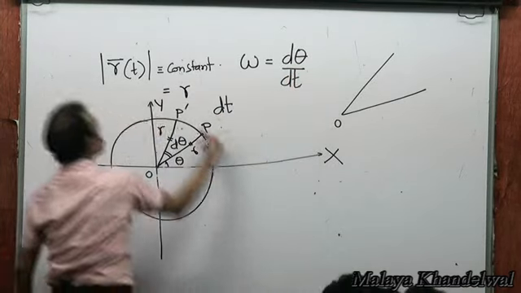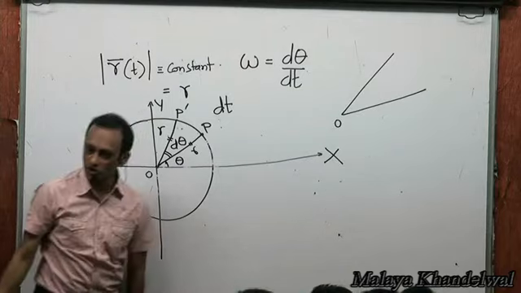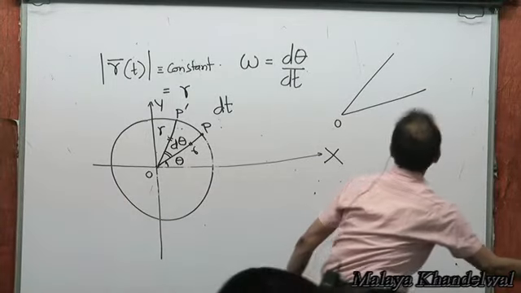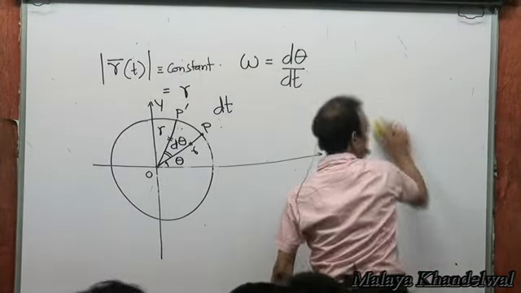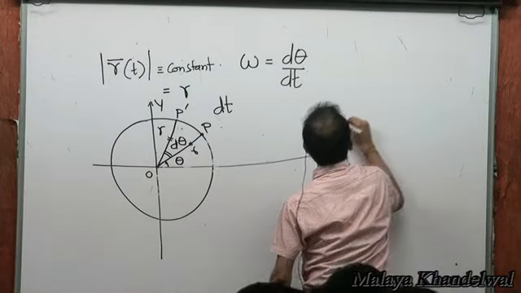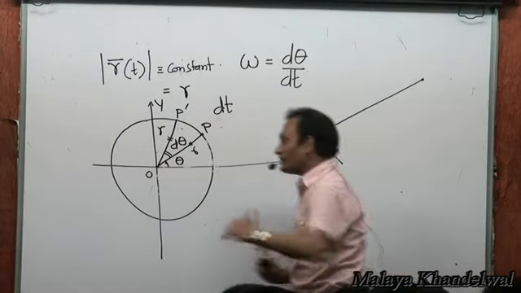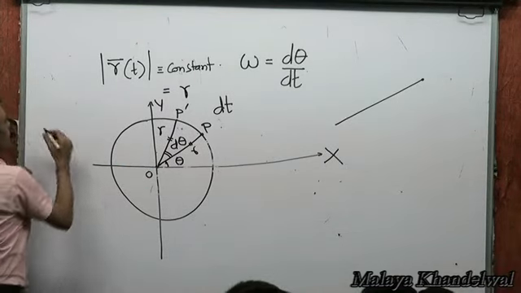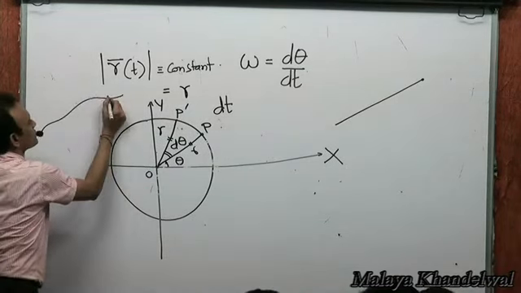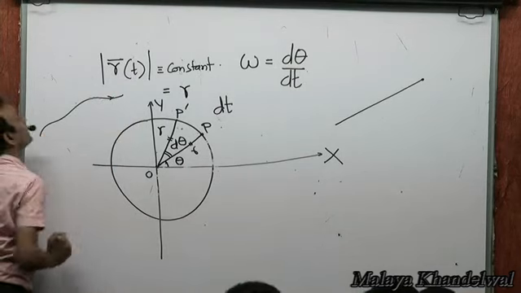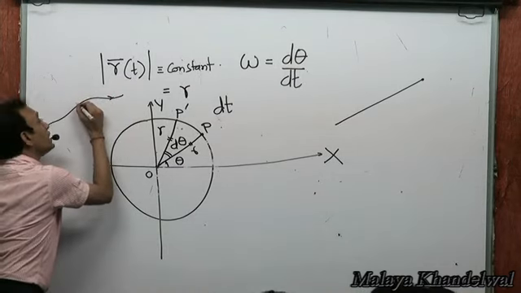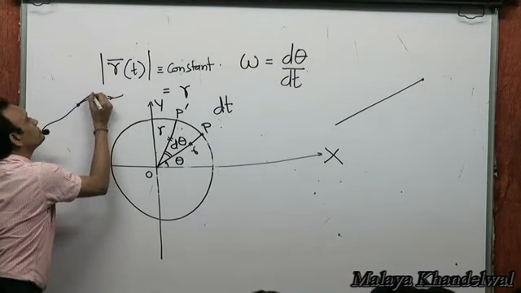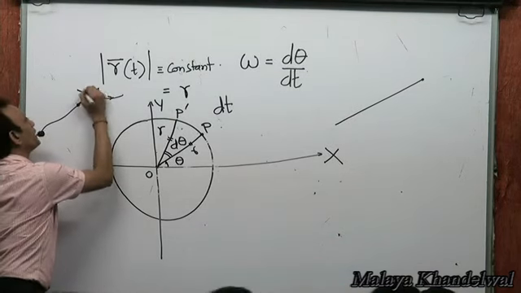Now, if this is the circular trajectory, and when the particle is at P, one thing that you must understand as a cardinal truth of any kind of motion, if this is any trajectory that the particle undergoes, then the velocity at any point will always be along the tangent to the trajectory at that point.